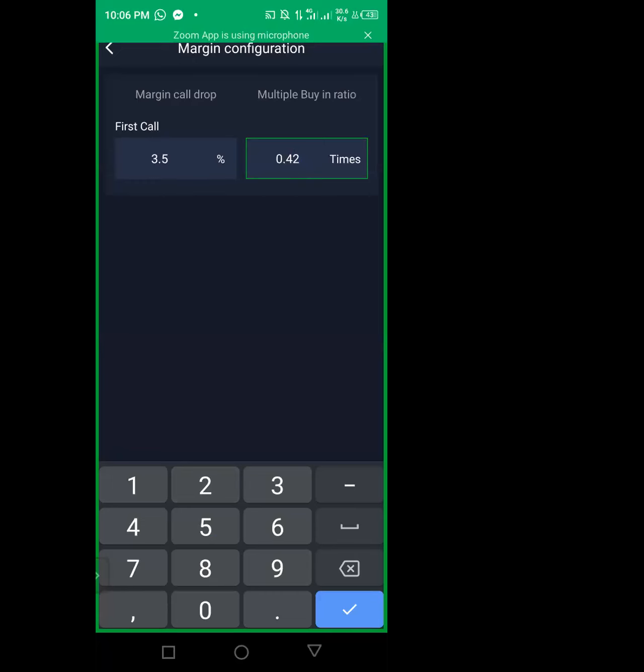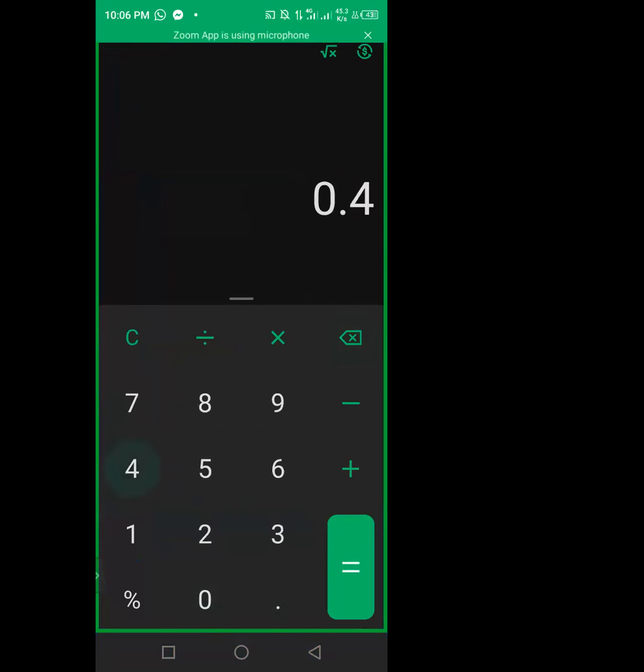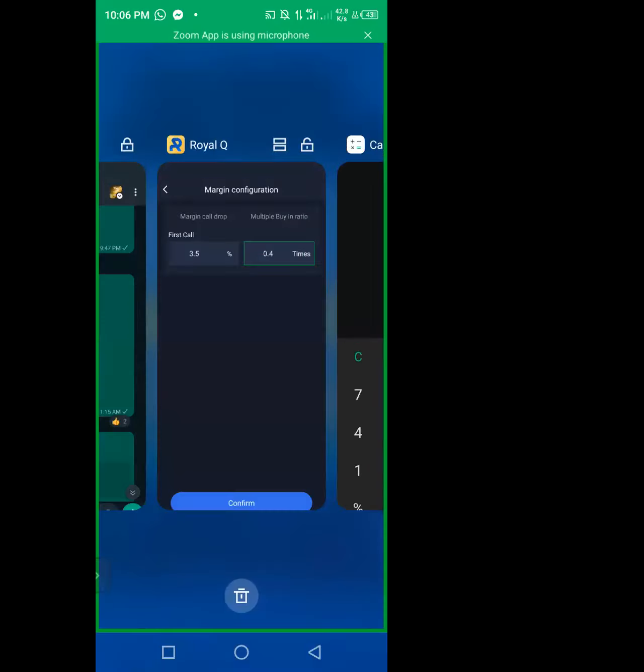But you that is using iPhone, you can only use 0.4. And 0.4 times 35, so you'll be using 14 instead.